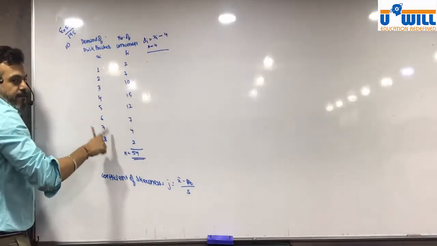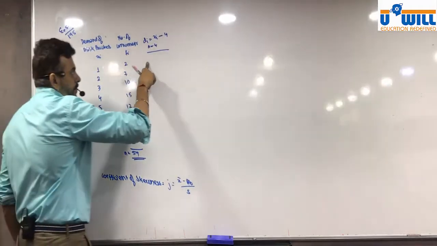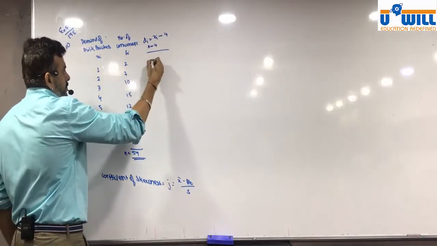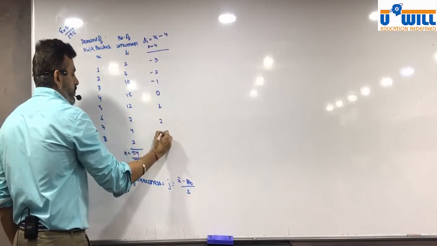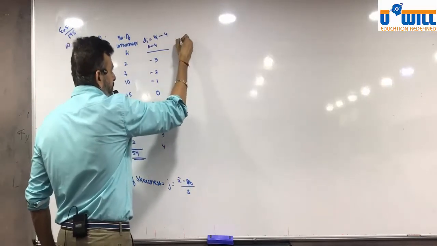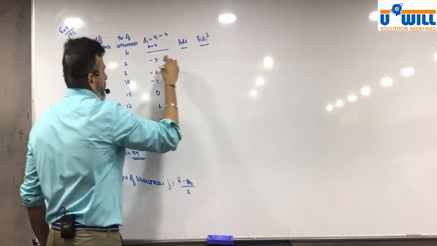Now the common difference is 1, so there is no need to take upon c. -3, -2, -1, 0, 1, 2, 3 and 4. We find out fi di and we find out fi di square.